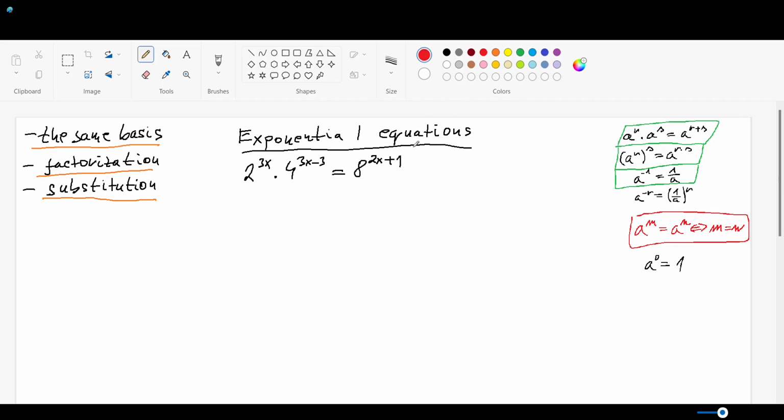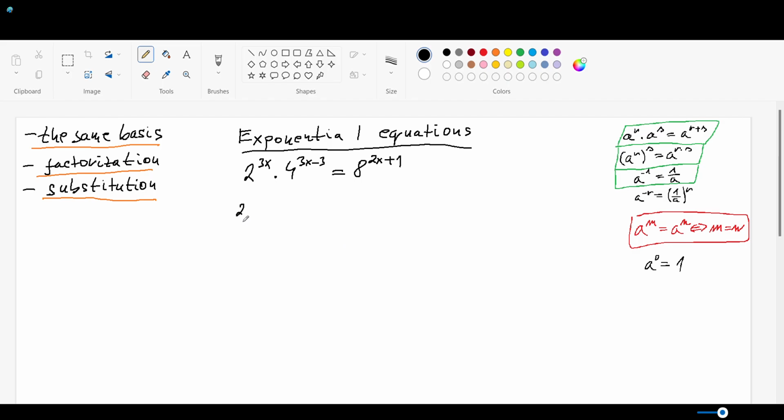Maybe you start being scared that we don't have the same base here, but I'm pretty sure you can see that this will become the same base, because the number 4 can be written as 2 to the power of 2, and the number 8 can be written as 2 to the power of 3.